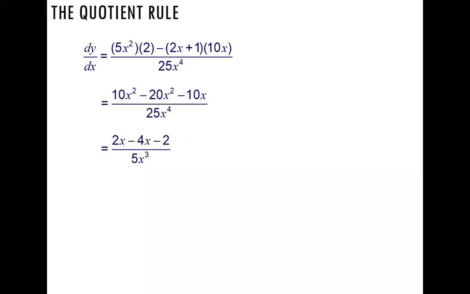We simplify further, and this gives us minus 10x squared minus 10x, and the denominator is 25x to the power 4. But we have 5 common to both terms and to the denominator, so we can factorize 5 out here.